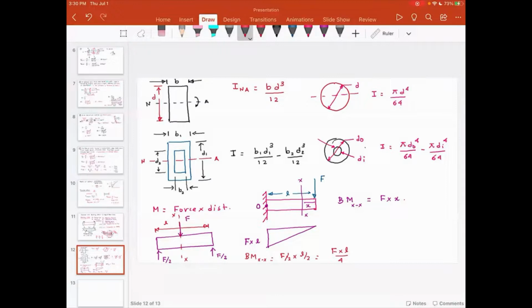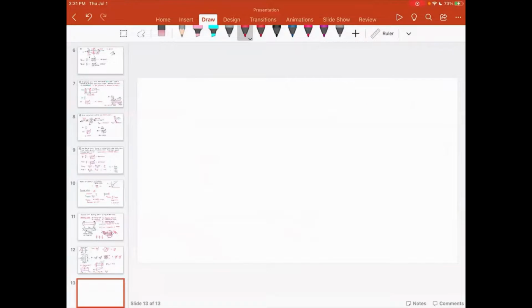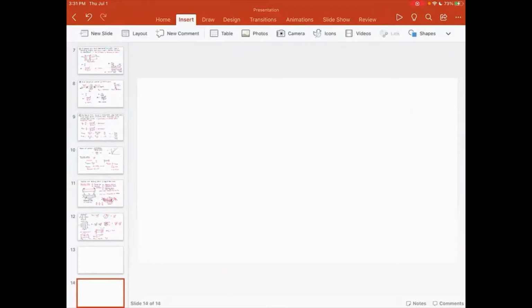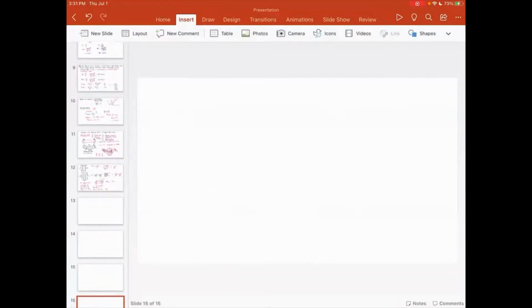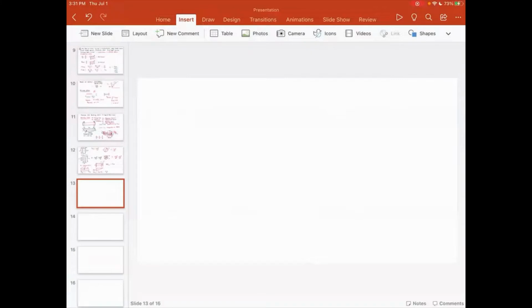Okay to go with bending stress problems? I don't see any comments, so I'm going to assume we are all good. And I'm going to work out a problem.